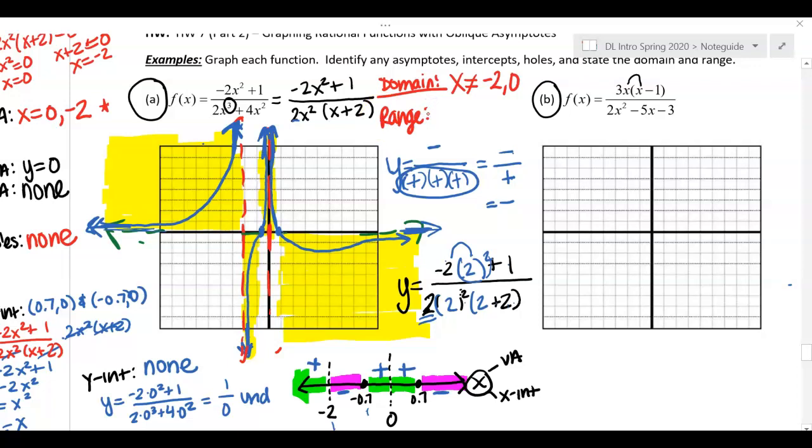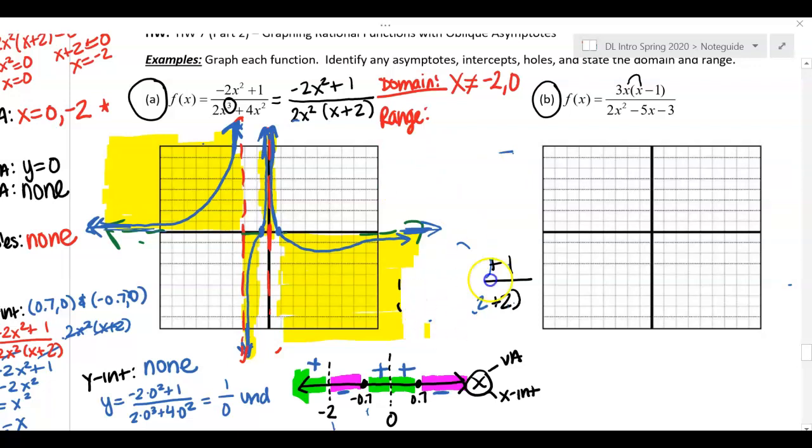For the range, my piece of advice to you, if you struggle because the graph is in a lot of pieces, is to make yourself a little y-axis over here and look at each piece. When I look at this first piece of the graph, that curve came all the way down but didn't quite hit 0 and was graphed above 0. So its range would be y is greater than 0.